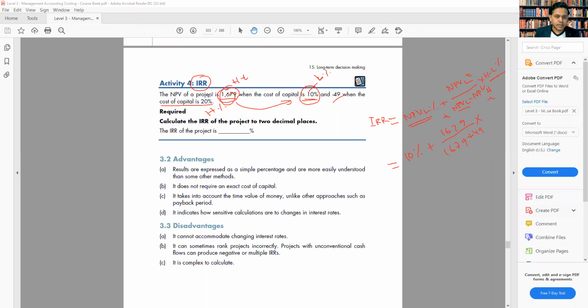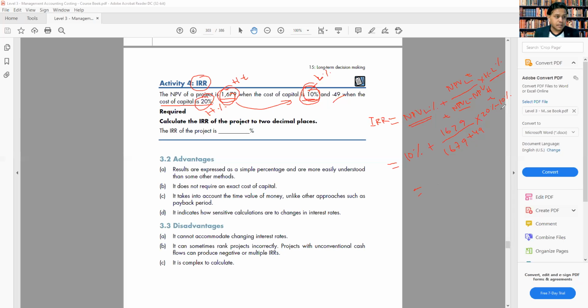Higher is 20%, so I'm writing 20%, minus lower is 10%. That's how we need to present the formula: lower percentage plus lower value over lower value plus higher value, times higher minus lower.